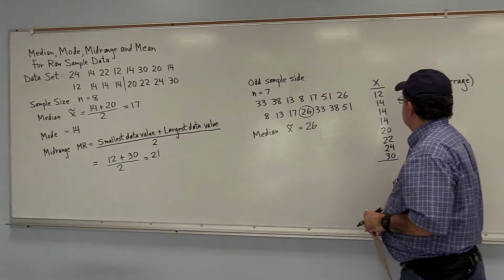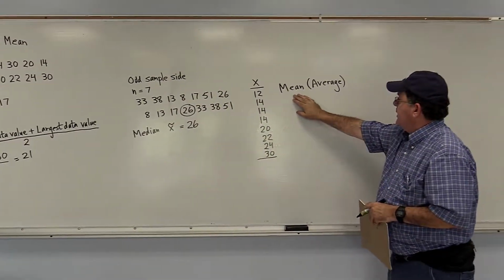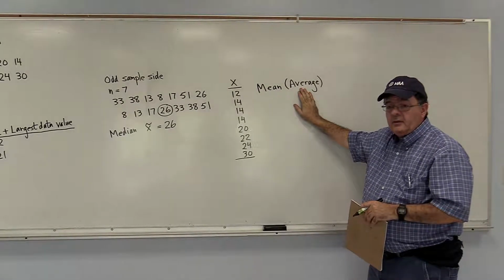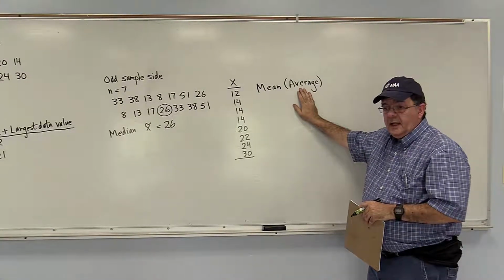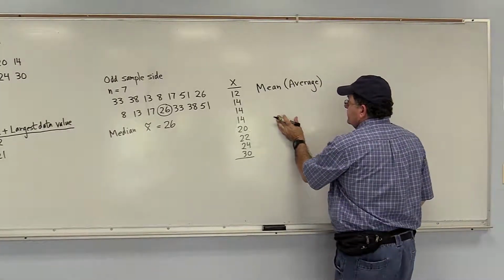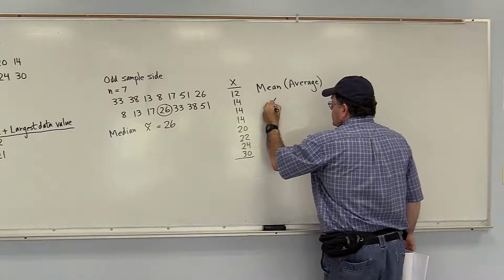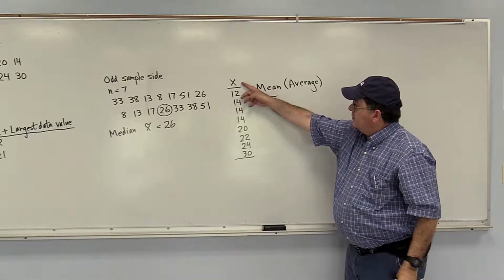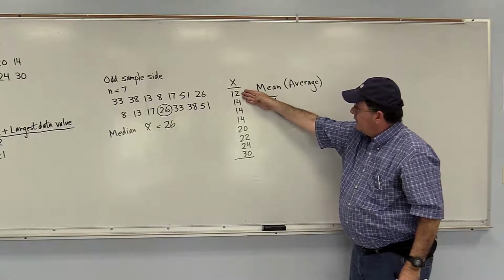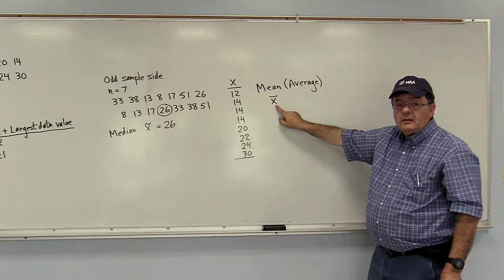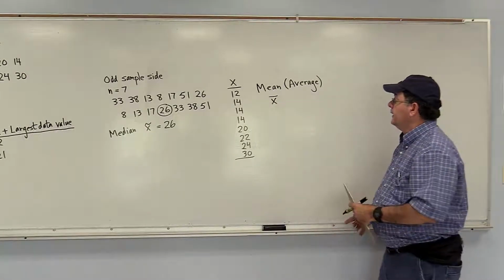What about the mean? Well, the word mean simply means average. And everybody knows how to compute an average. But in the notation of statistics, the symbol for the mean is X bar. If we call these values X values, then the mean of the X values is called X bar.